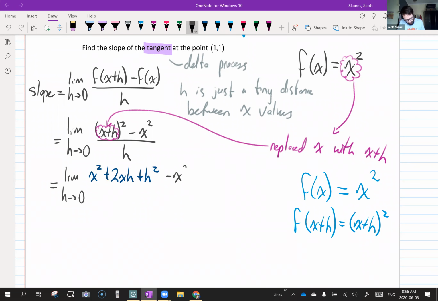Minus x squared over h. Does anyone need explaining where that came from? It's just the expansion.